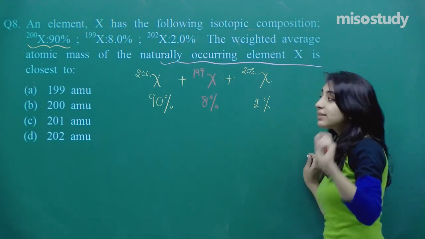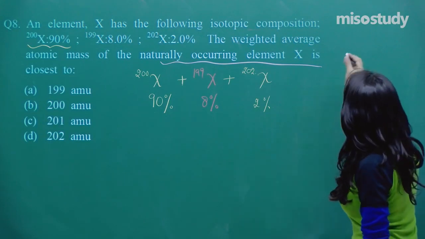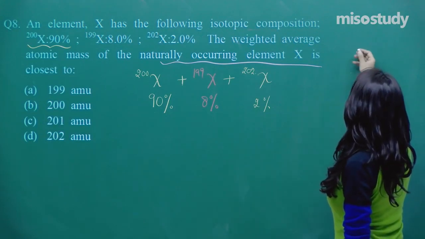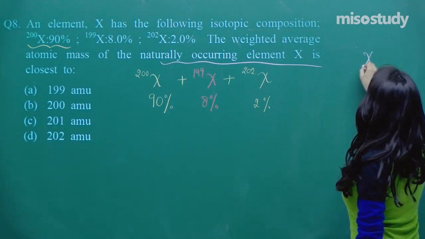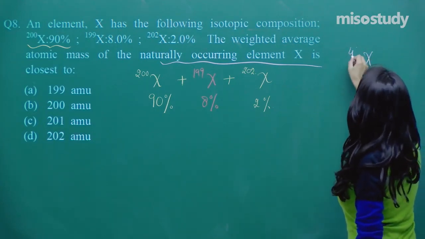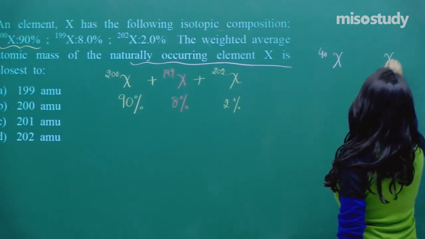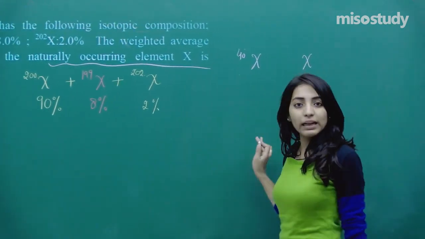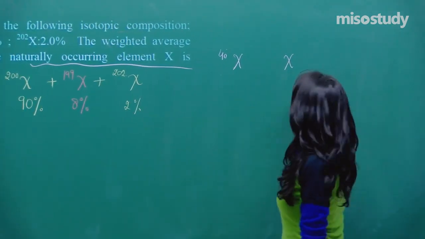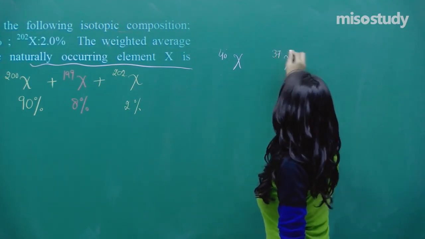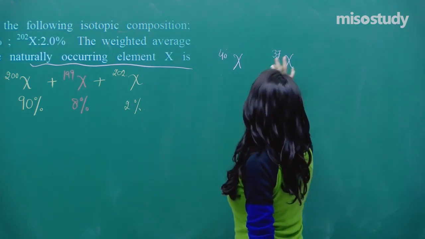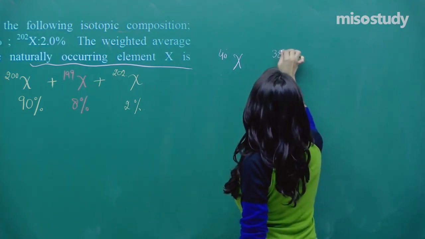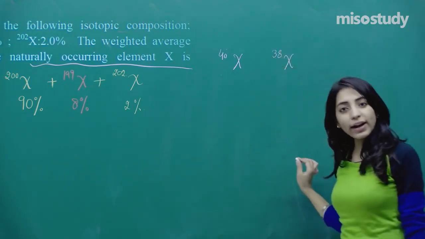Okay, guys, now carefully see. For example, let's say there is an element with atomic mass 40 and there is another form of the same element, its isotope, with atomic mass, let's say, 38.